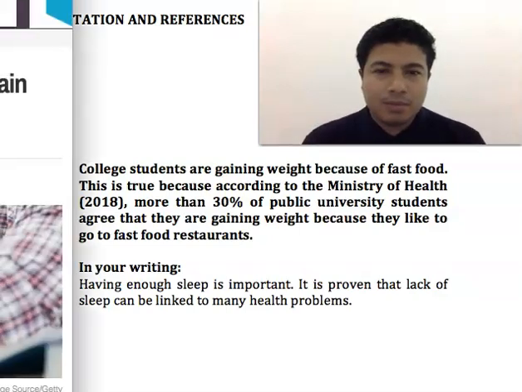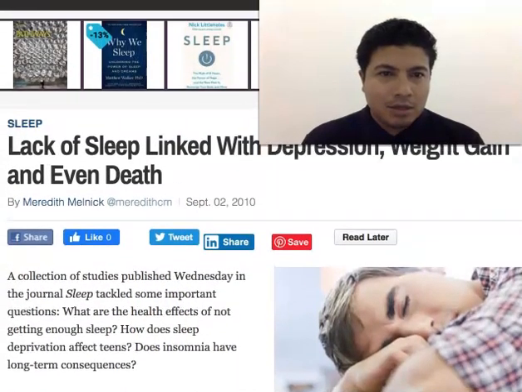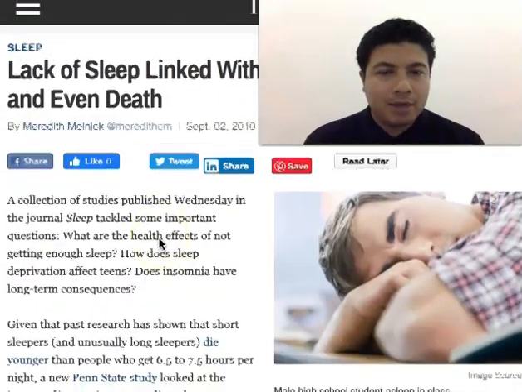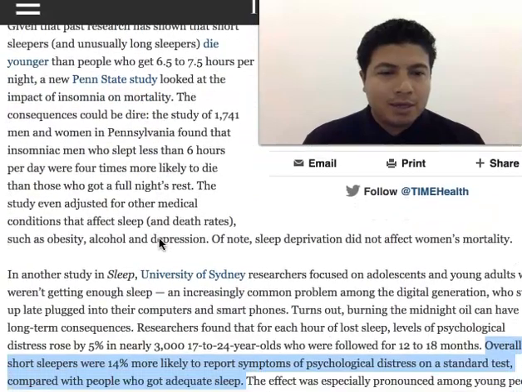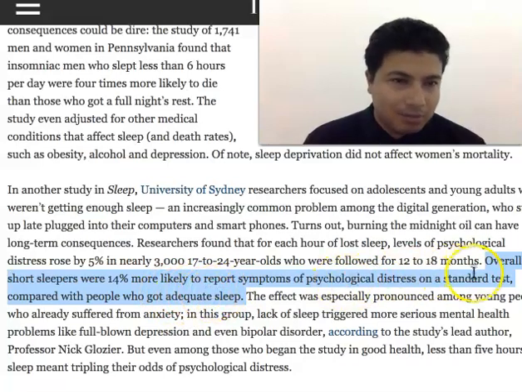So I go to the internet and look for an article. There is this article: lack of sleep linked with depression, weight gain, and even death. So what I did is I found one piece of evidence to support my assumption just now, my point.